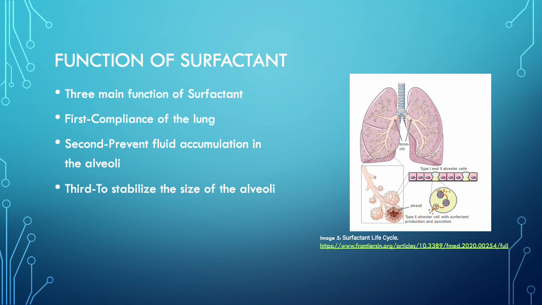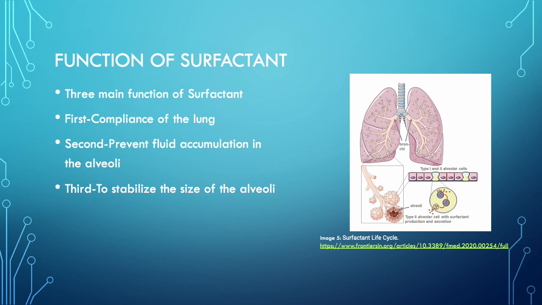Laplace's law, which states that the pressure equals 2 times the tension divided by the radius, helps to explain the third function of surfactant. The more the tension, or the smaller the radius, the higher the pressure. So if two alveoli have a similar size after inspiration, they would both be lined with fluid.